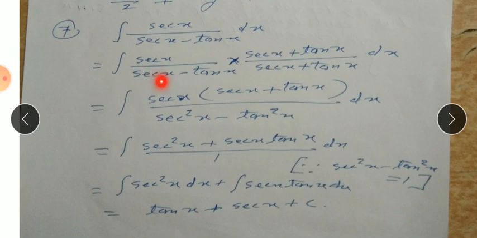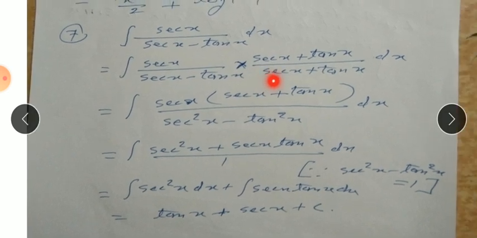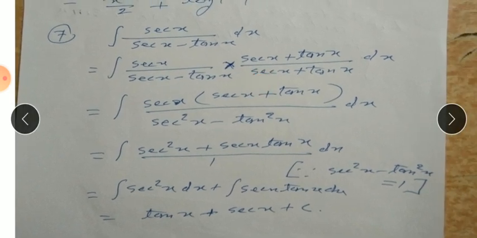Integration of sec x upon sec x minus tan x multiplied by sec x plus tan x upon sec x plus tan x. See, the question becomes integration of sec x times bracket sec x plus tan x, the numerator is as it is.